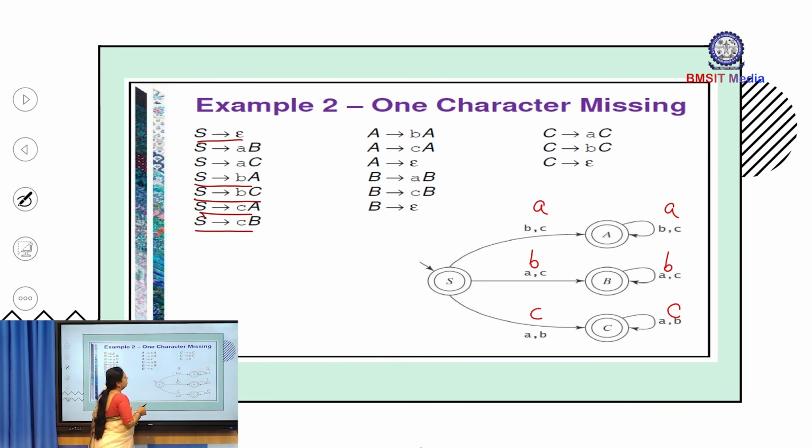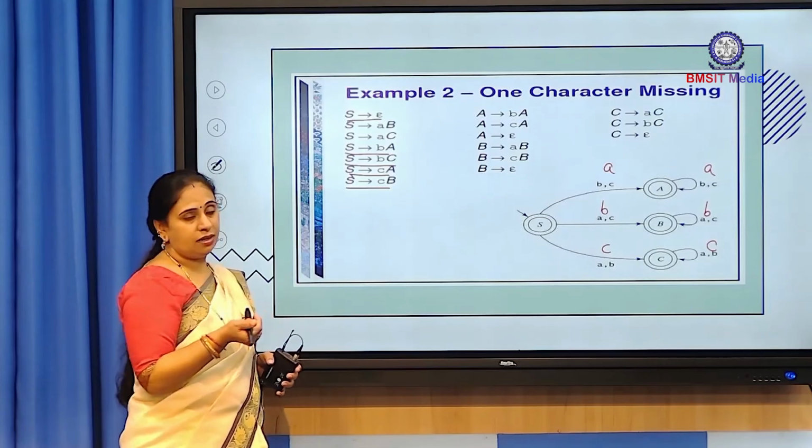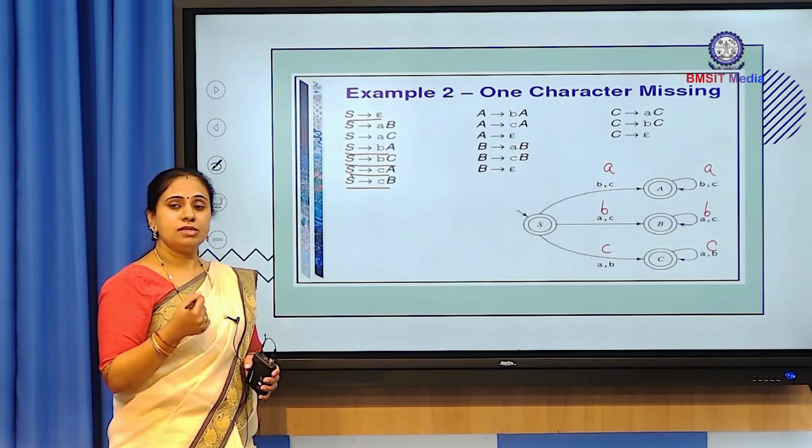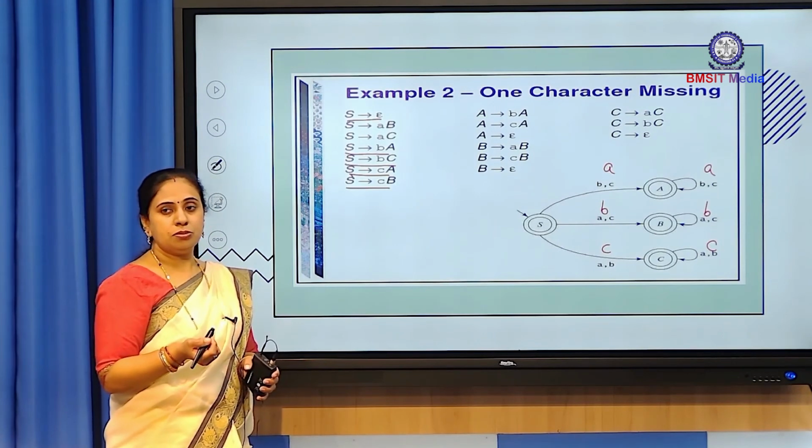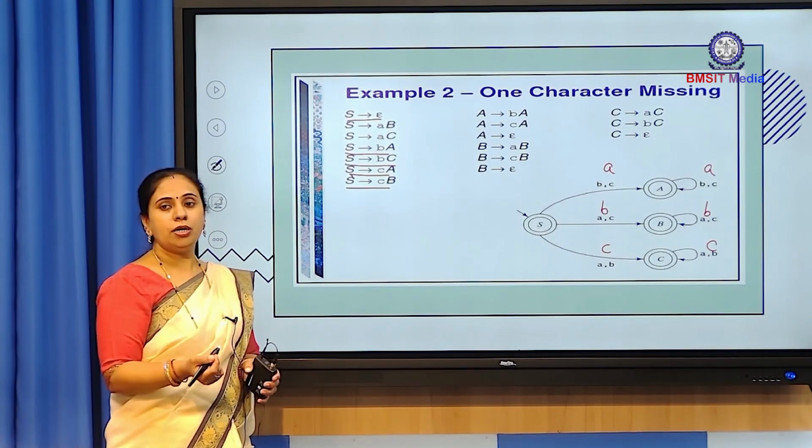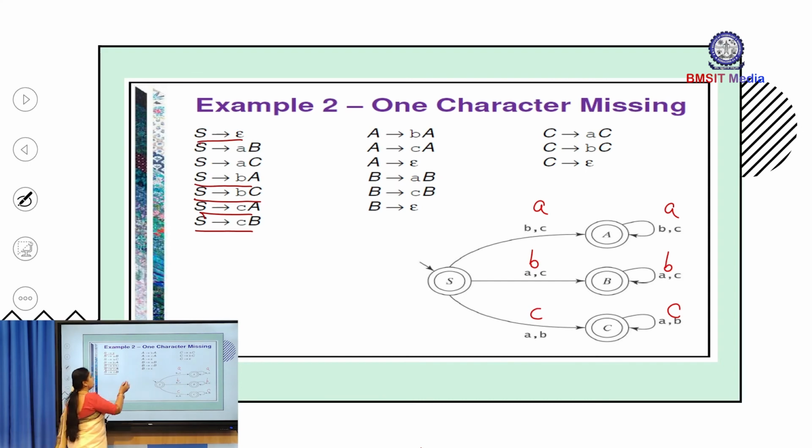Next, when we have capital A, capital B and capital C as the states, we have to define transitions over them again. Since we have a self transition, both the non-terminals should be the same. You can see here A tends to BA, so both the non-terminals are the same. Similarly, A tends to CA.